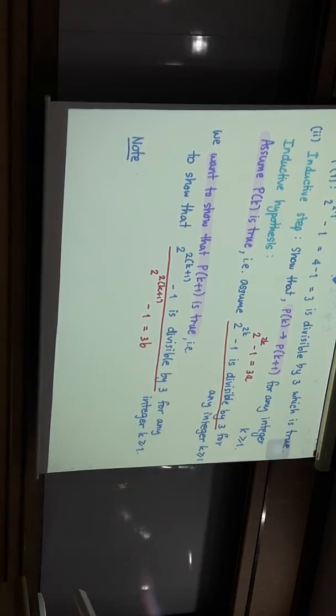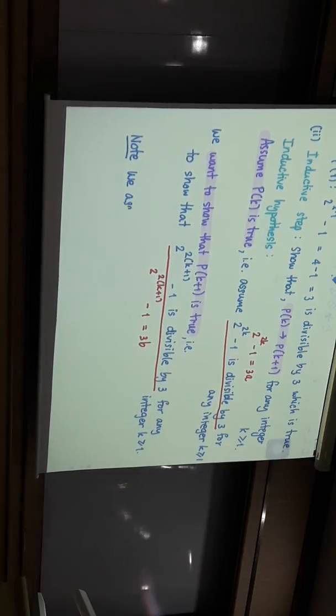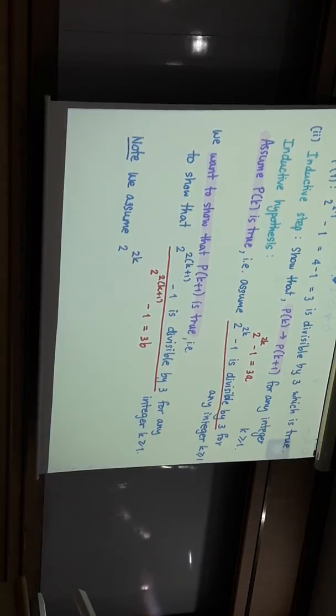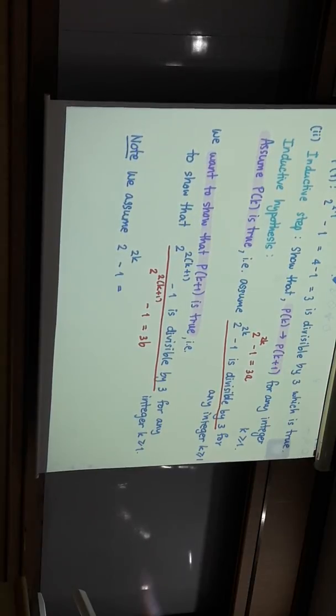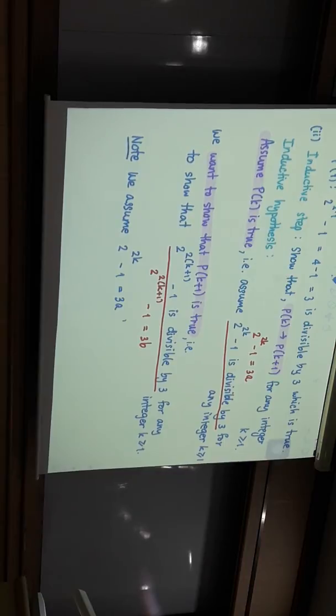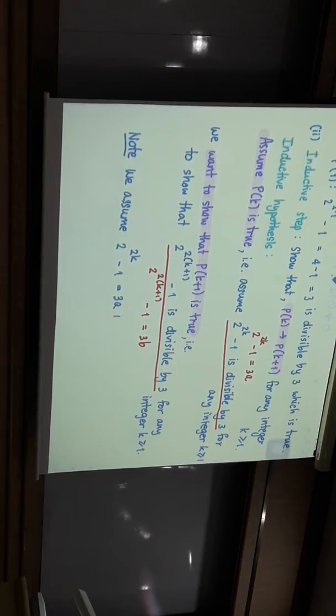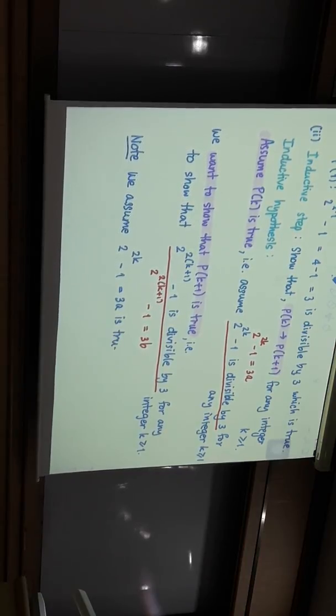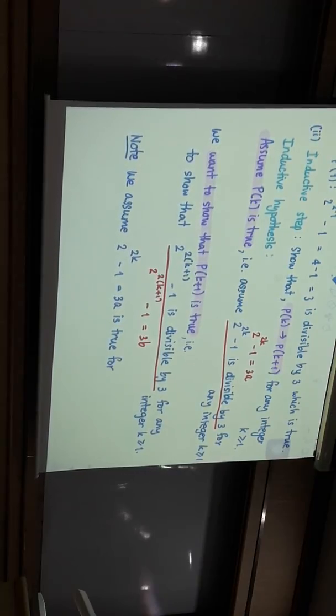So I'm going to put a note here. Note that we assume 2 to the power of 2k minus 1 equals to 3a is true for any integer a.